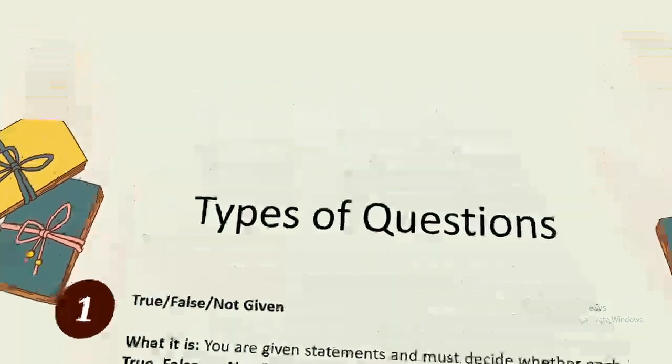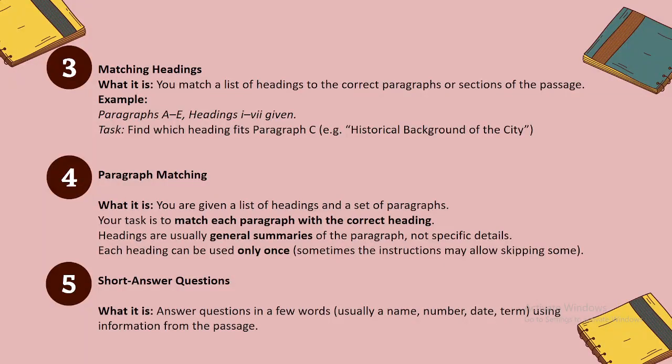Okay, the next question type is matching headings. Last class we discussed this, because there is a difference between matching headings and paragraph matching. Matching headings is based on the main theme.